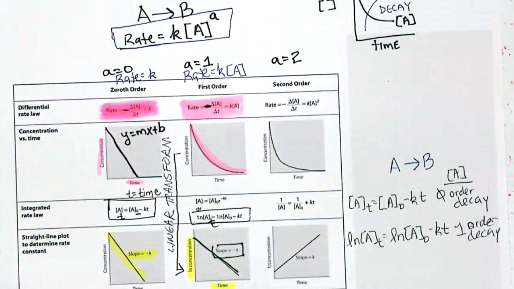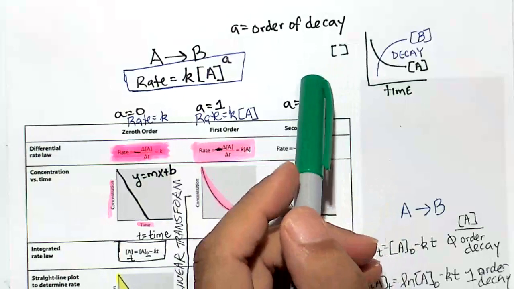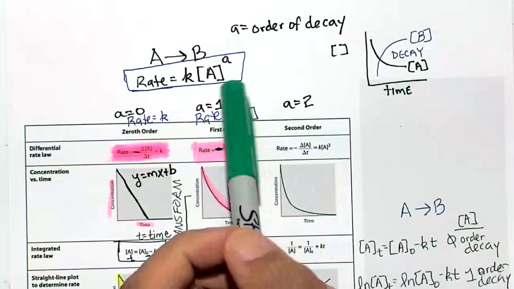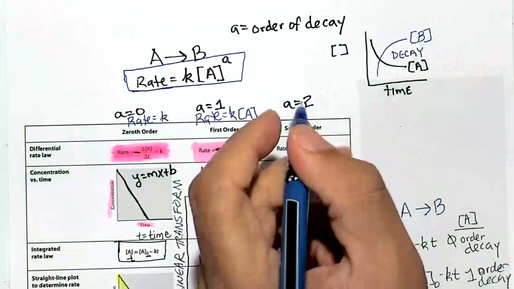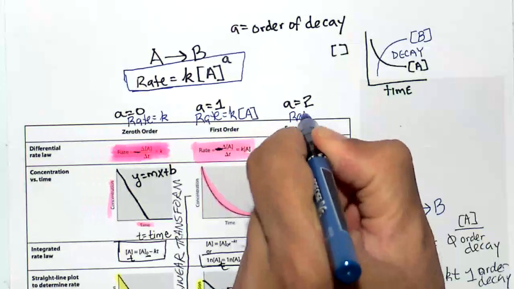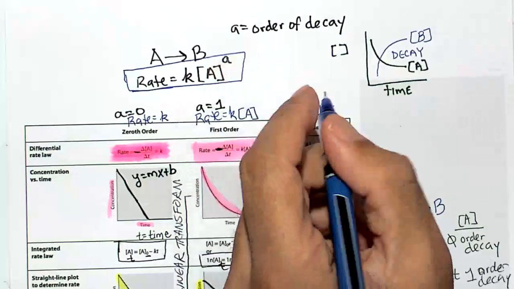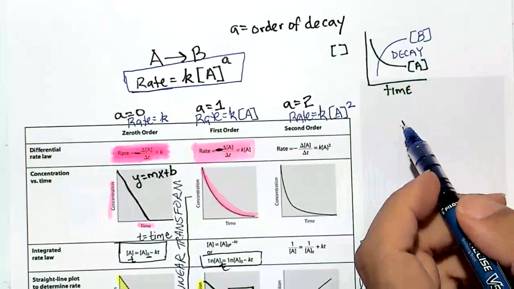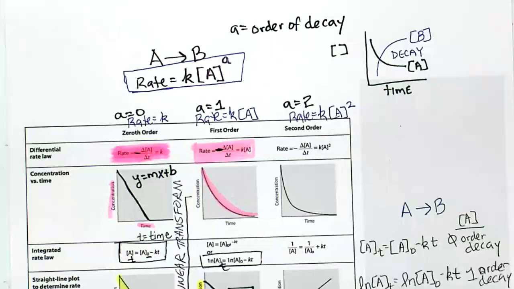All right, our last equations that I like to go over with you is if A decays with second order kinetics. That means the order of A is 2, which means the rate is equal to, we're going to substitute the 2 here, K initial concentration squared.